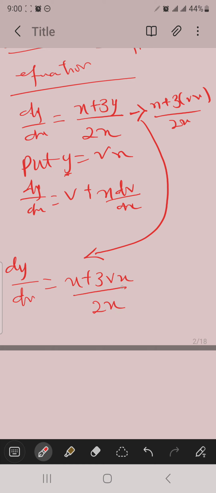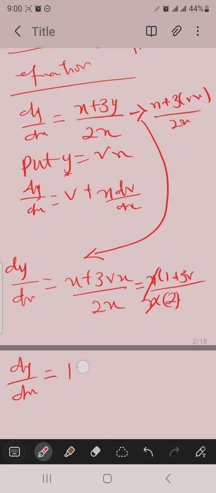If you realize, x is common here, so we collect like terms: x into bracket 1 plus 3v over 2x. The x cancels, so dy/dx equals (1 plus 3v) all over 2.